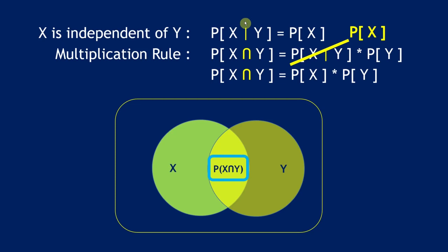Okay, this is very important. We will be using this equation a lot in our data analysis course. So this is what the intersection is. X times Y: when these two events are independent, we can simply multiply them in order to get the intersection.